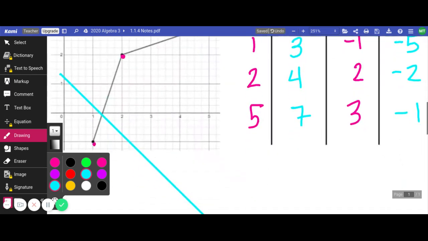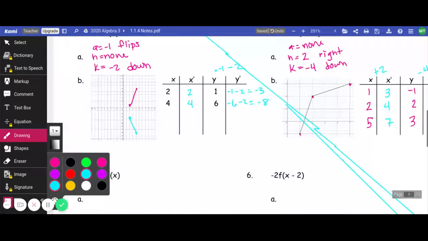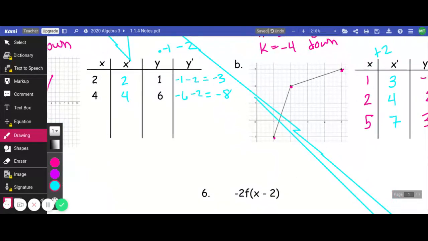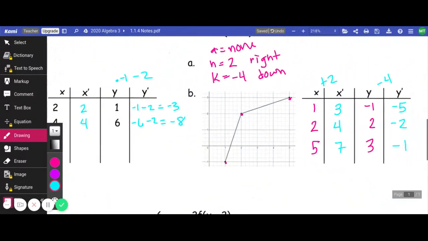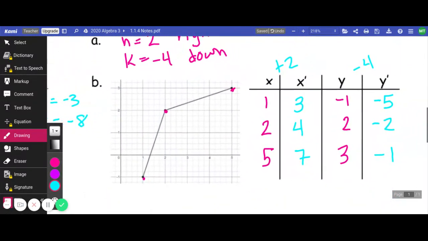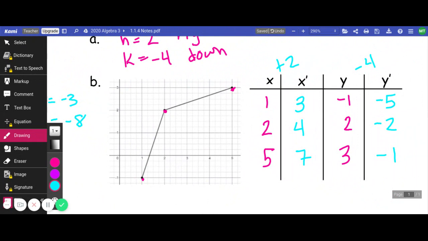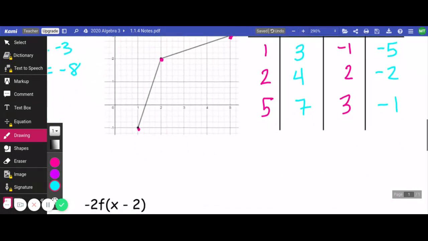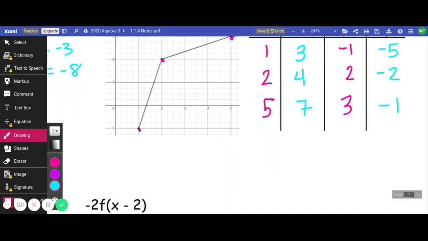My Chromebook is not liking all this today. Okay, so now I'm going to graph those points. Now those points aren't all going to fit on the graph, so we'll just do our best. Not a big deal. So now 3, negative 5. Oh boy, that's really off. 4, negative 2.